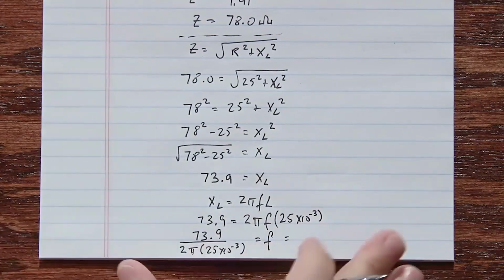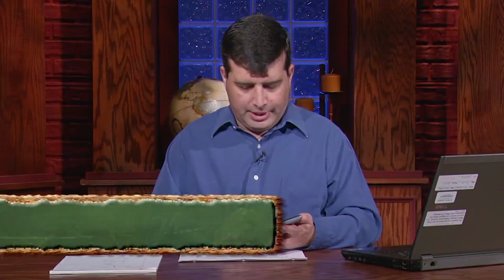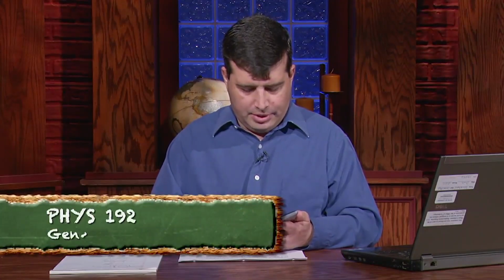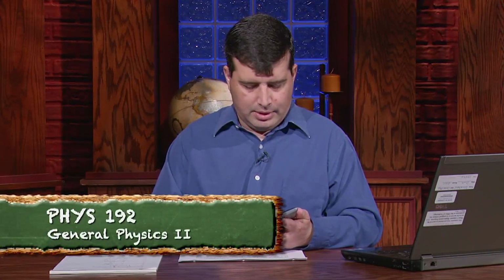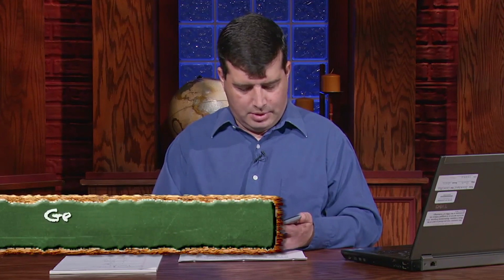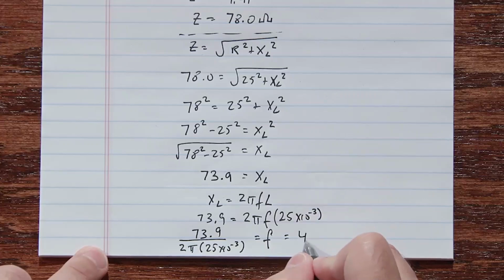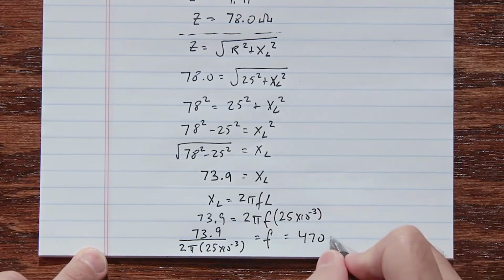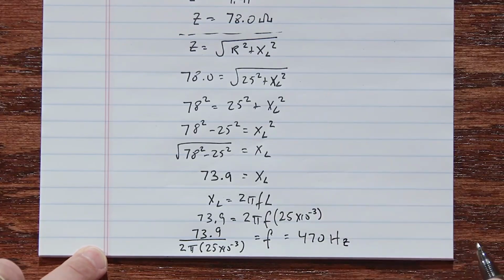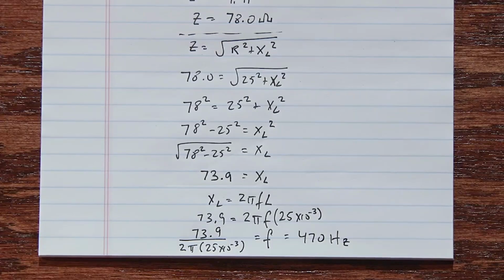And what is that equal to? 73.9 divided by 2 times pi times 25 times 10 to the minus 3, and that is equal to 470 basic metric units of frequency, which are hertz. So the frequency is 470 hertz.